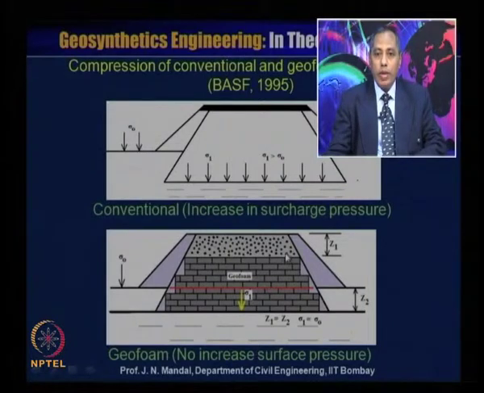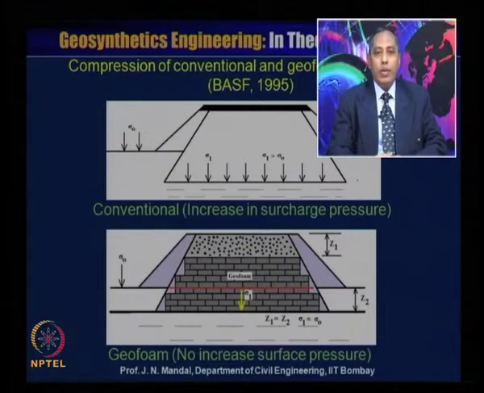In the conventional method there is an increase of the stress in surface pressure, that is sigma 1 greater than sigma 0. But when you are introducing a superlight material like geofoam, then there is no increase of the surface pressure. So here sigma 1 is equal to sigma 0, and also Z1 is equal to Z2.